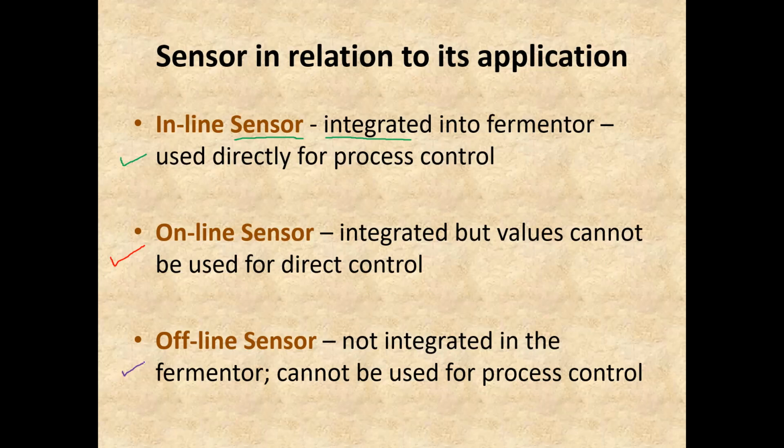Someone has to go and measure something, dry weight analysis or wet weight analysis, or take a reading. And then if it is not correct, another step has to be taken for control. So manually the monitoring is done, and then again control has to be done. So an offline sensor is not integrated into the fermenter, and it cannot be used for process control. This was all about monitoring, control, and the sensors.